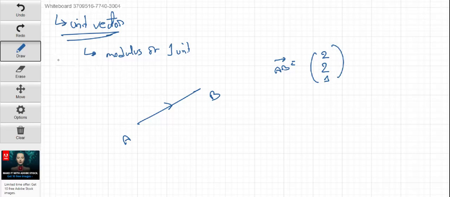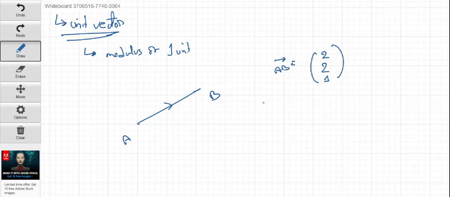Obviously this vector is not a unit vector, because if you think about it, its modulus is definitely not 1. If you calculate it, you'll find that the modulus is not 1 unit or 1 centimeter, any way you think of it. But what if I asked you, what is the unit vector in the direction of AB?